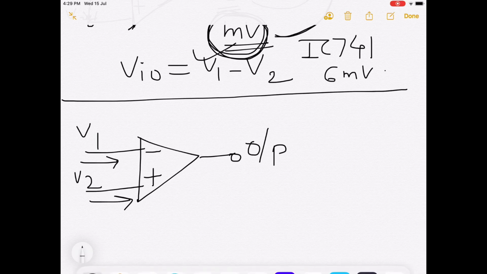That current is known as IB, that means bias current. These two currents, IB1 and IB2, are the bias currents.